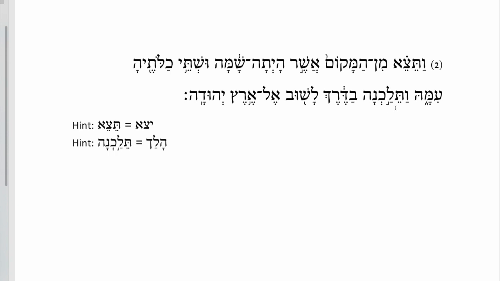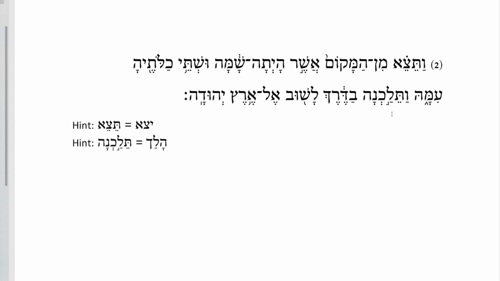Vatelachna baderech lashuv el eretz Yehuda. So I tell you here, telachna comes from the root halak. It's a strange verb because it loses that first hey. Halak is a very common verb meaning to walk or go, and it just loses the first hey. It's the only word in Hebrew that loses a first hey. It's very, very strange.